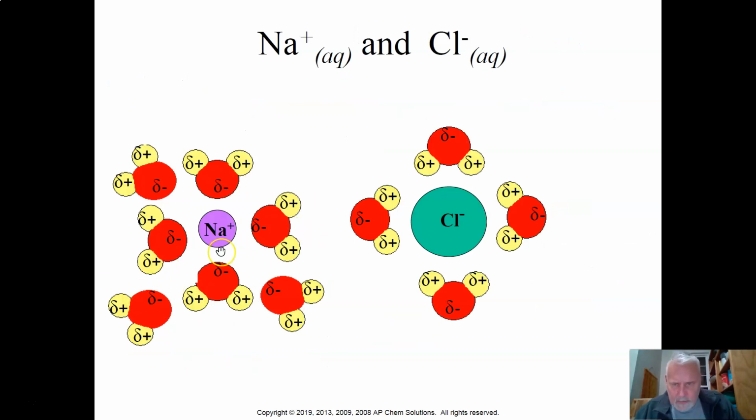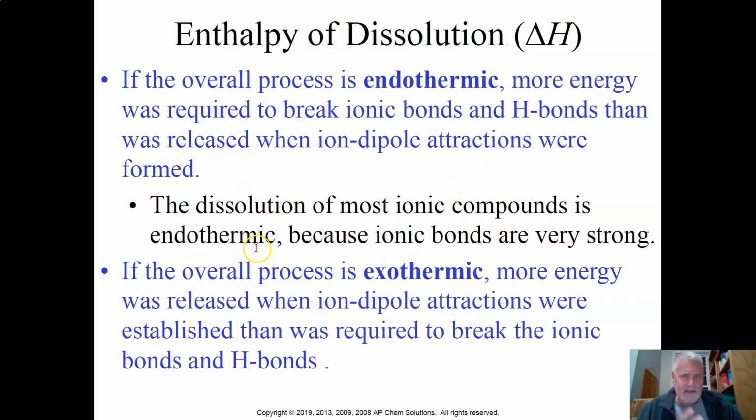So these new bonds just didn't have as much energy as breaking an ionic bond. Now, this statement right here: the dissolution of most ionic compounds is endothermic because ionic bonds are very strong. So you want to know the whole process from this diagram, but this statement's an important one.